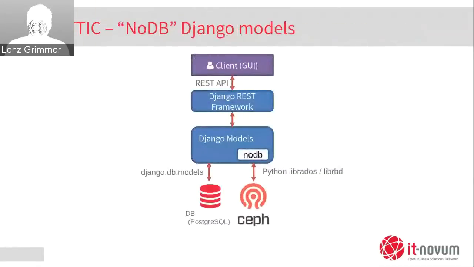Oh yes, one of the challenges that I just mentioned is that for consistency reasons, we decided not to persist data in the local Postgres database, but we still wanted to maintain the possibility of using all the nice things that Django gives us with Django models. So what we came up with, we dubbed NoDB models. They look and feel like Django models, but the way they obtain information and store it is by using an arbitrary API.